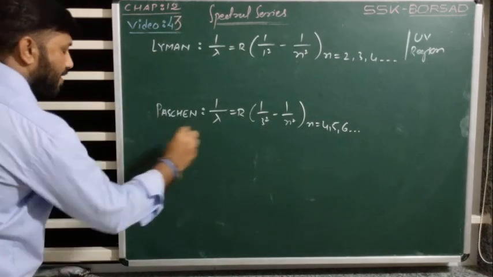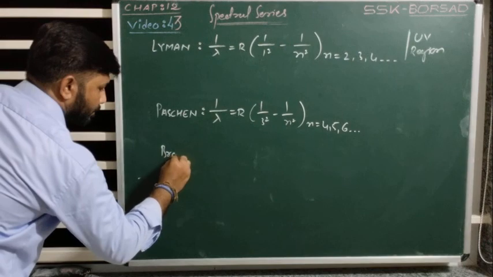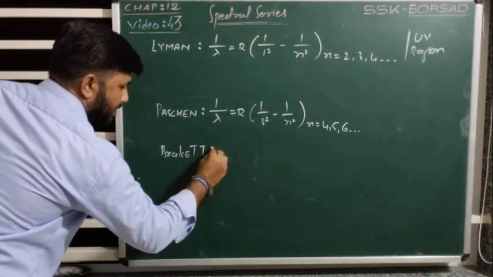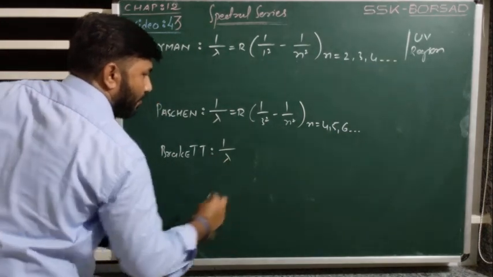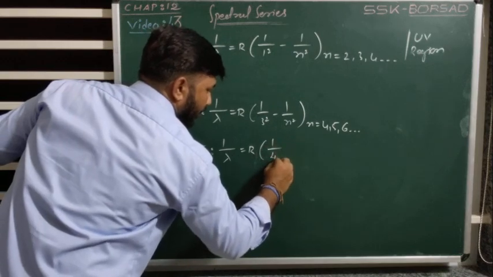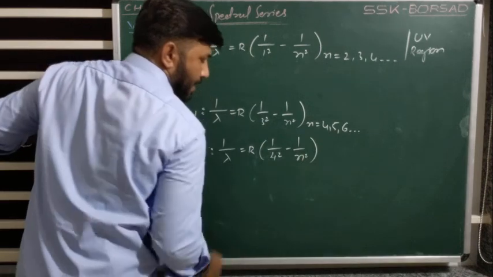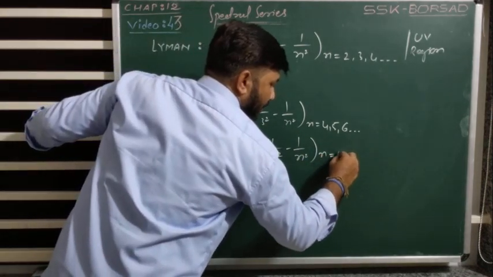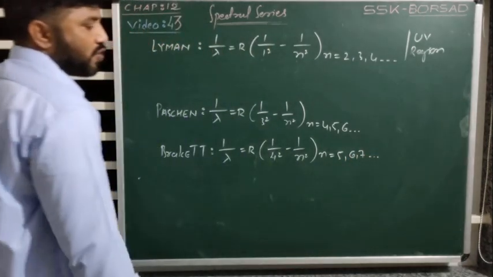Lyman, Paschen, Brackett. Brackett series has the empirical formula 1 upon lambda is equal to R times (1 upon 4 square minus 1 upon n square). Here there is 4, and n starts from 5, 6, 7 and so on.